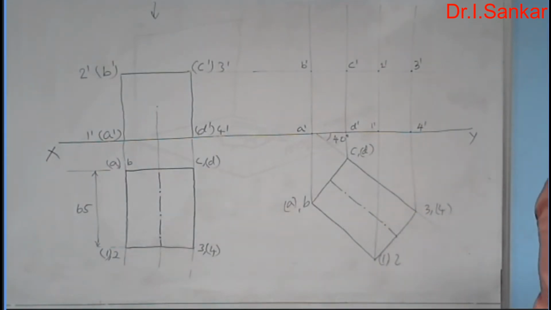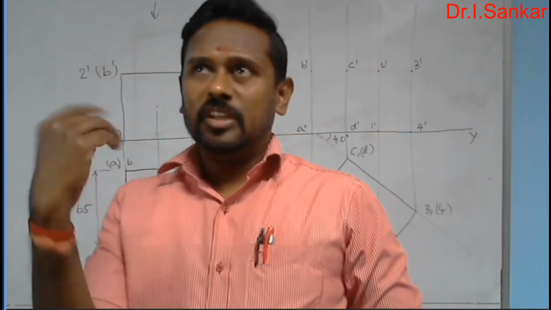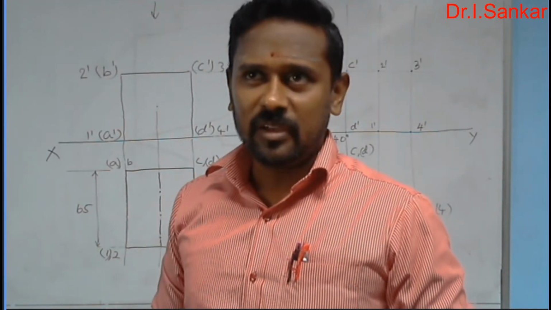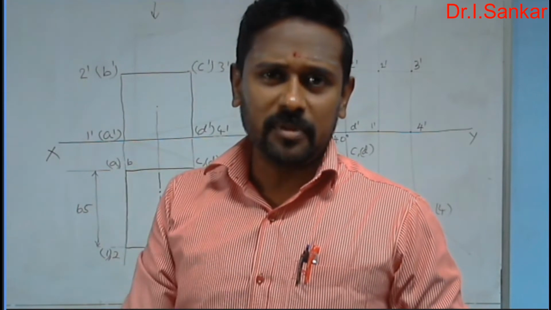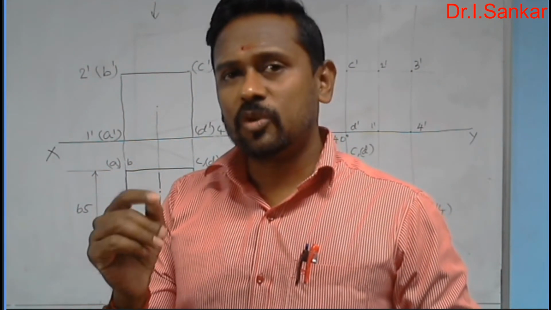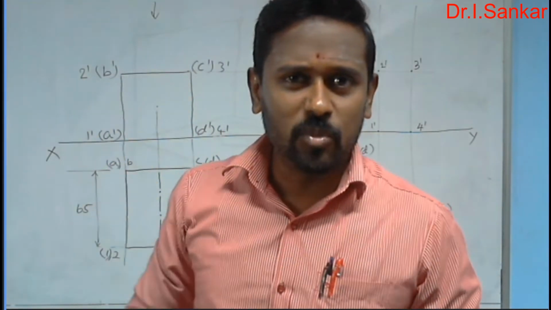Okay, I identified the points. After this, what I need to do is follow the 4-step procedure that I told you in the class itself, in which manner you have to connect the dots in order to obtain the visible and invisible edges clearly. So the first rule is we have to join all the outermost corners as visible edges.